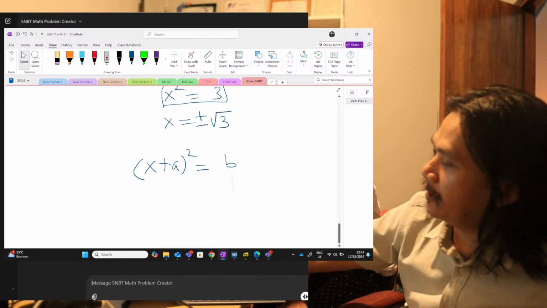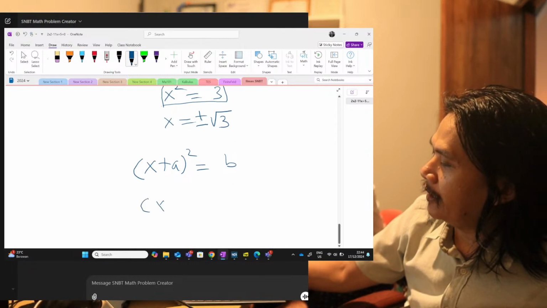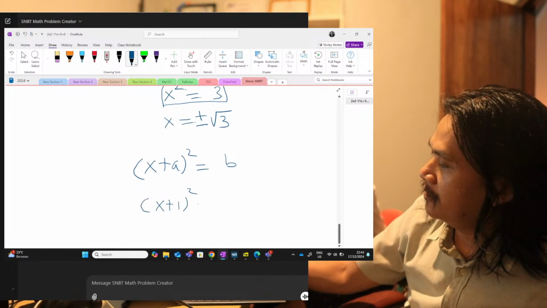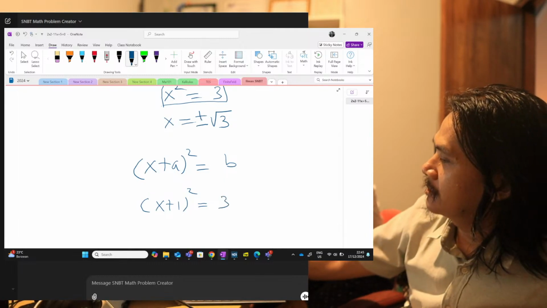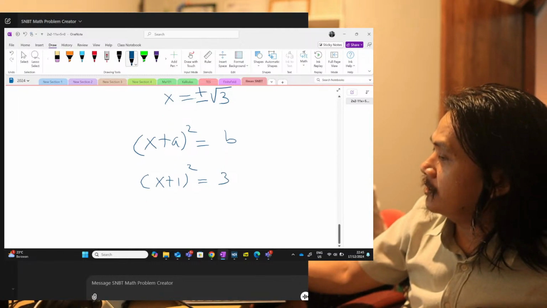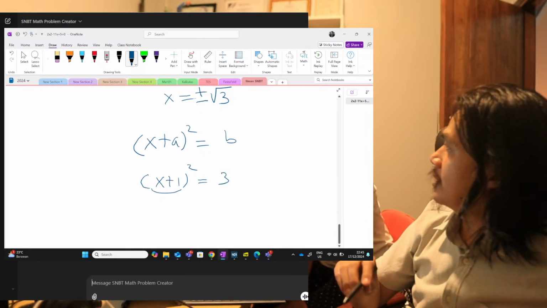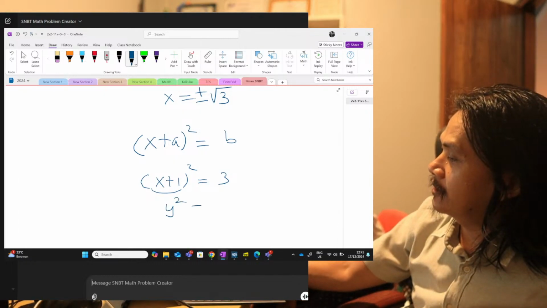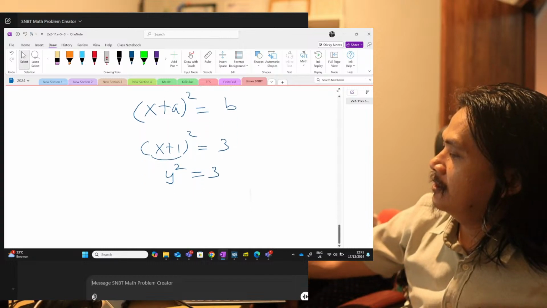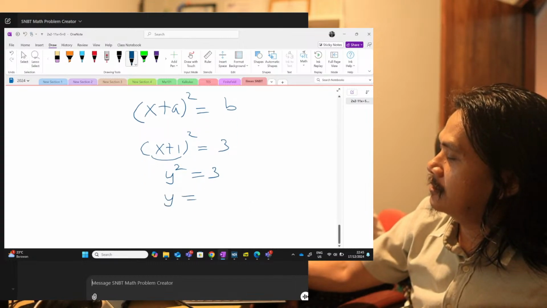So for example, if we end up with something like this, how to find the x? Just call this some new guy. So y squared is equal to 3. Then y is plus or minus square root of 3.